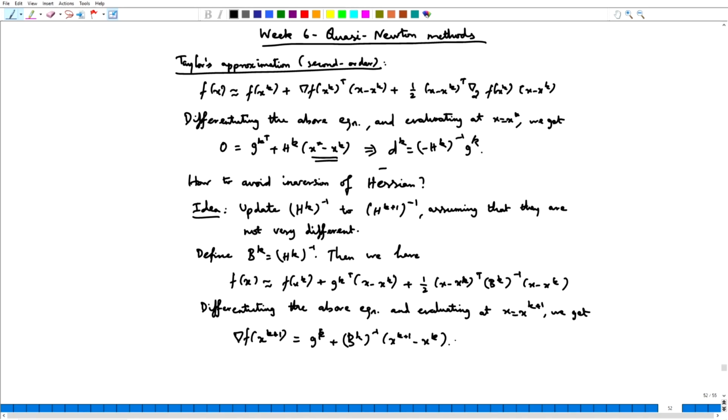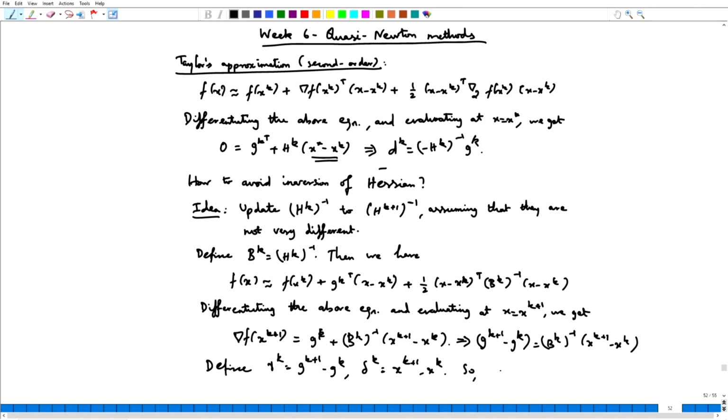Okay. So, this is g_(k+1) minus g_k equals B_k inverse (x_(k+1) minus x_k), right, and define gamma_k as g_(k+1) minus g_k and delta_k as x_(k+1) minus x_k.